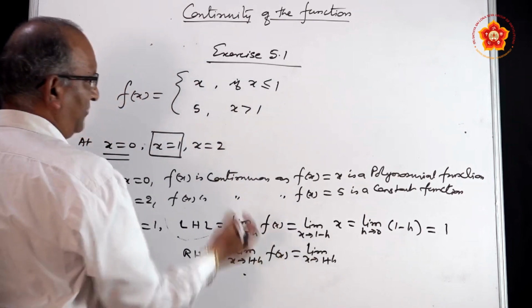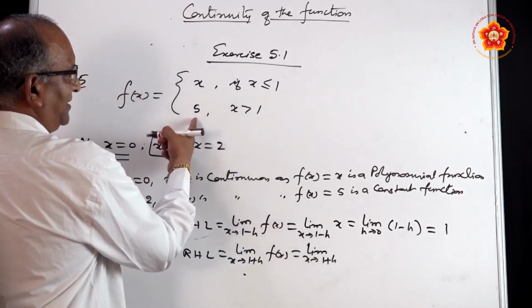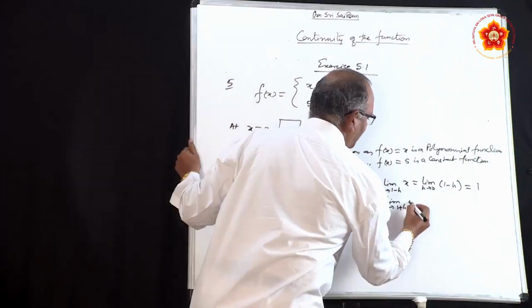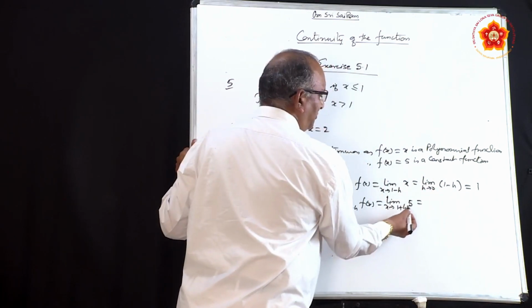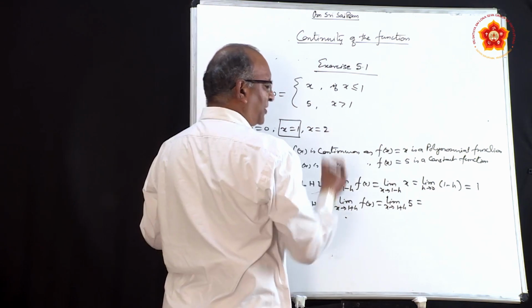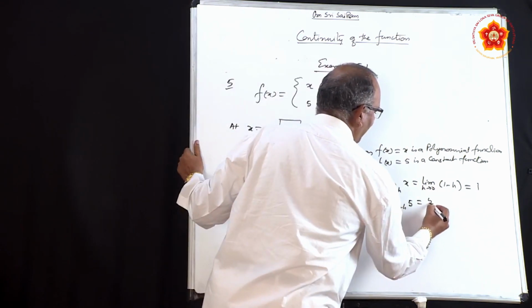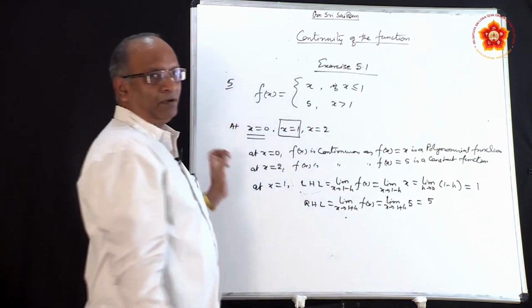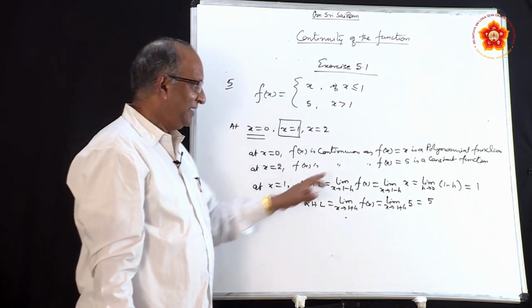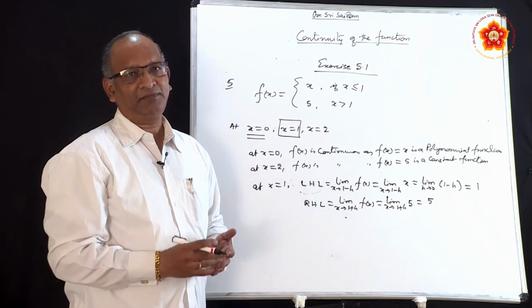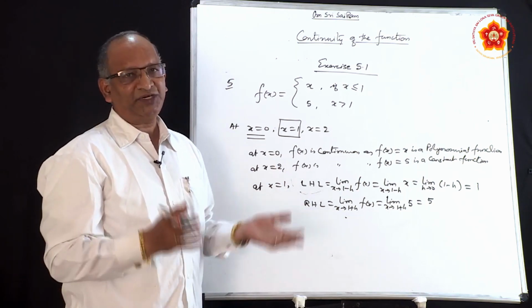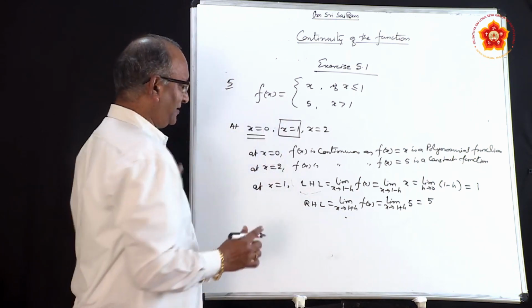If it is more than 1, its value is 5. Function is 5. So if you proceed to the limits, you cannot substitute 1 plus h in place of 5 because 5 is a constant, it is 5. What do we find? We find left hand limit is 1, right hand limit is 5, they are not equal. Since they are not equal, function is discontinuous at x equal to 1.